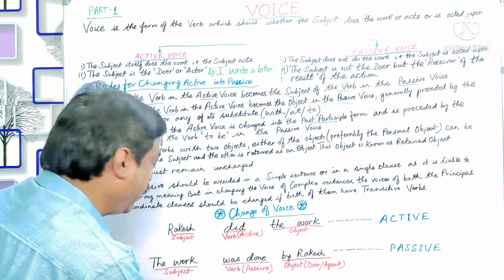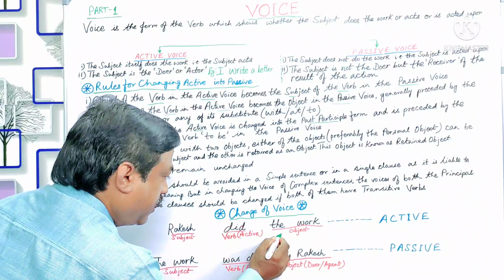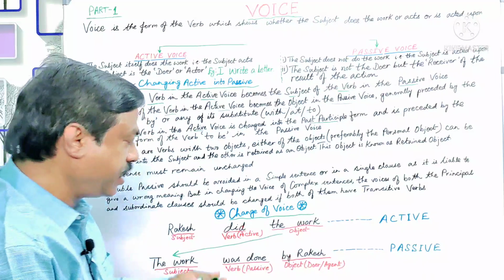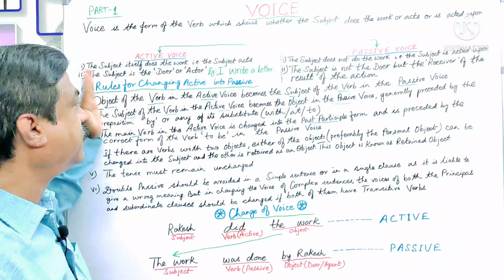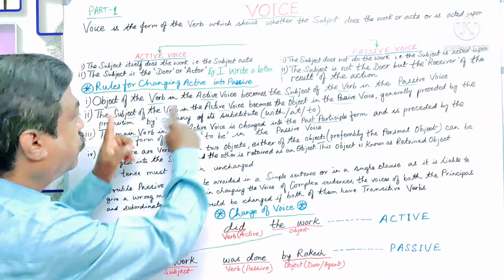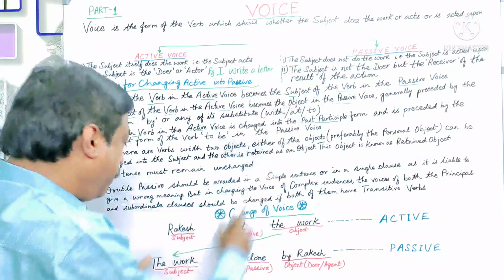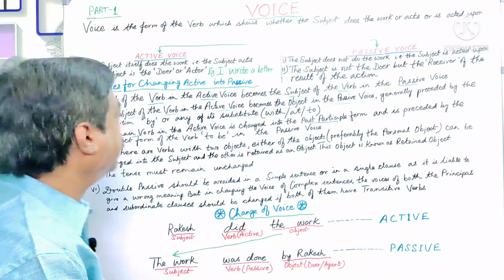So in the passive voice, the work is the subject. So the first point that is mentioned here is now clear: the object of the verb in the active voice becomes the subject of the verb in the passive voice.